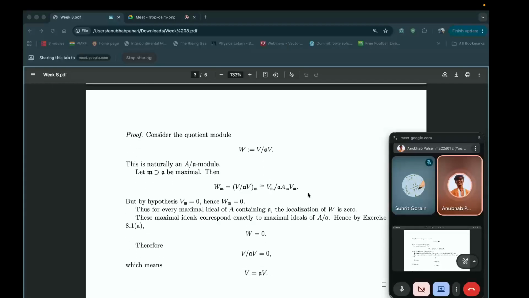Now let m be a maximal ideal which contains a. Then W_m would be (V mod aV)_m, which is isomorphic to V_m mod aV_m.